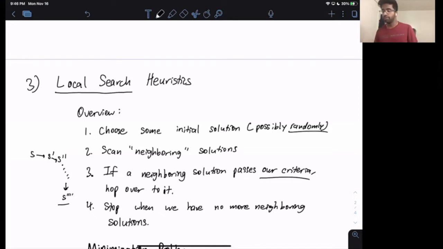One possible way of defining our criteria is saying, okay, since 15 is less than our current solution, which has a cost of 20, let's hop over to that solution. And so we hop over to that solution, then tinker with another couple of edges, see if there's any neighboring solution to that that has an even lower cost than 15, and keep iterating through that process until there's no possible neighbor that passes our criteria. And so that's one possible way of doing this, right?